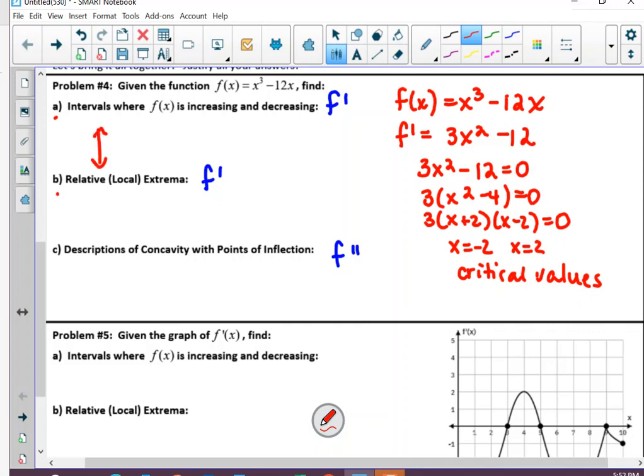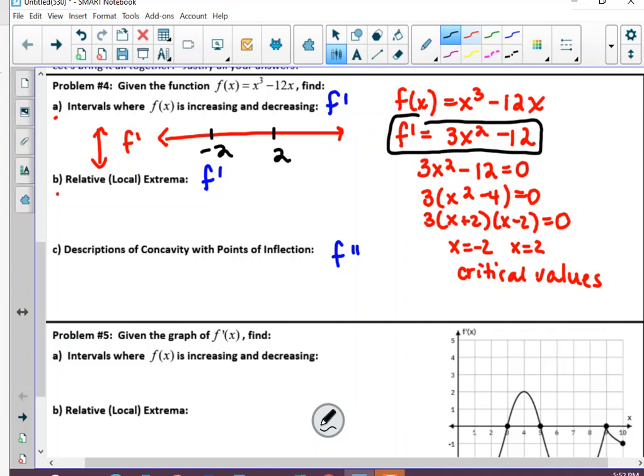So for both of these, I'm going to look at a number line where I'm going to document the sign of f prime in the intervals around my critical values. I'll use my f prime equation, which I can use in that form or in that form.